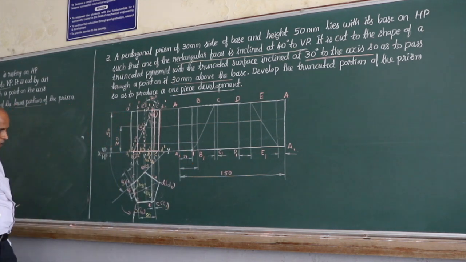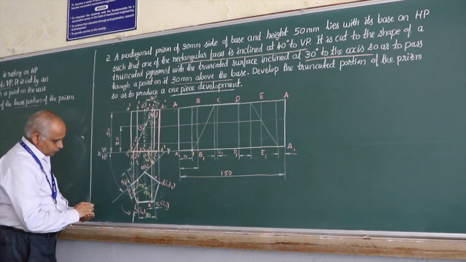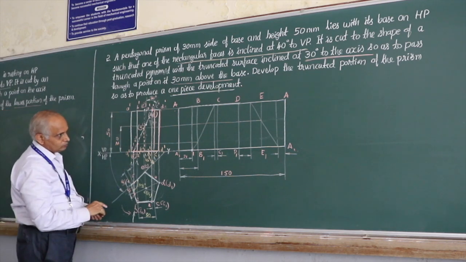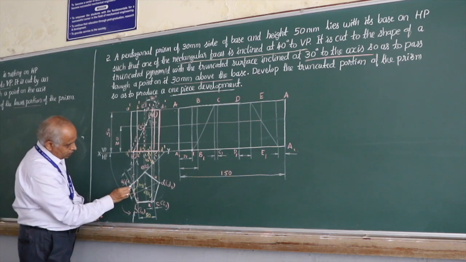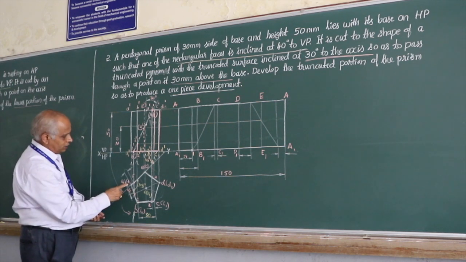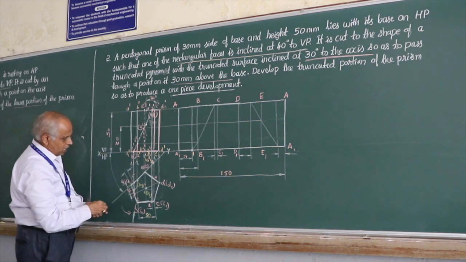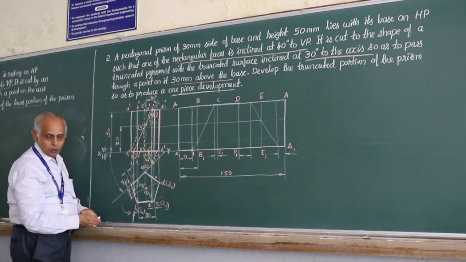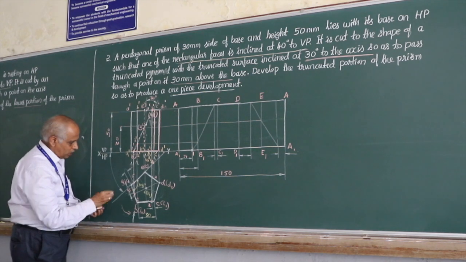Therefore, this is now section point 1. Got it? Similarly, look at section point 6 at the bottom, that is on edge AE at the bottom. Remember, at the bottom it is A1, E1. If you measure the distance of 6 from the nearest known point, it is going to be around 10 mm.